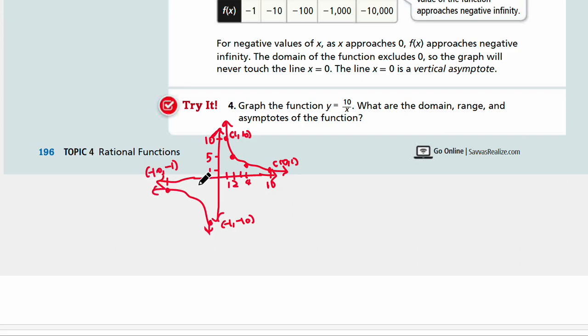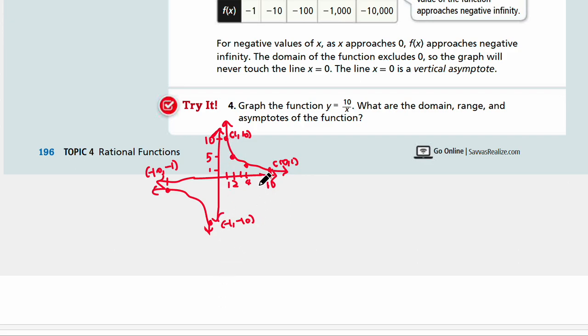And then, in the same way, we have a horizontal asymptote as x approaches negative infinity, and y will approach 0. And when x approaches 0 from the negative side, your y approaches negative infinity, and we have a vertical asymptote here.